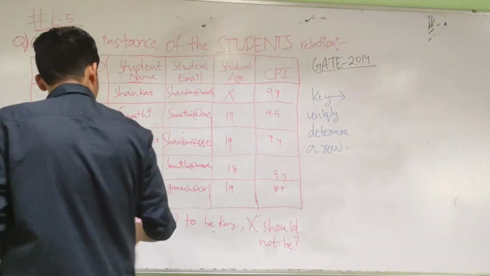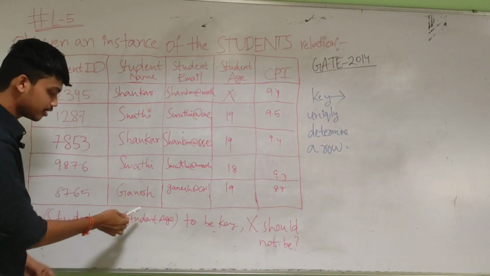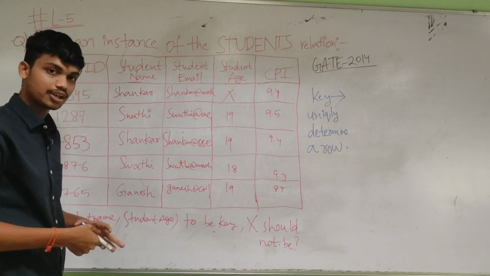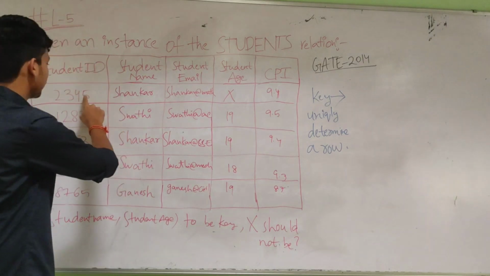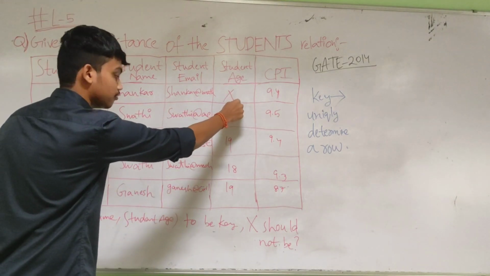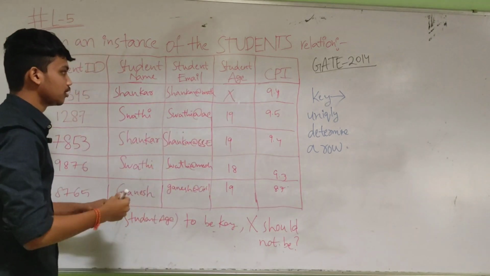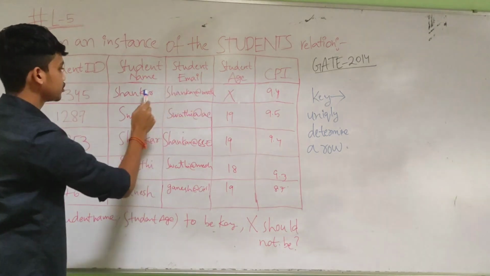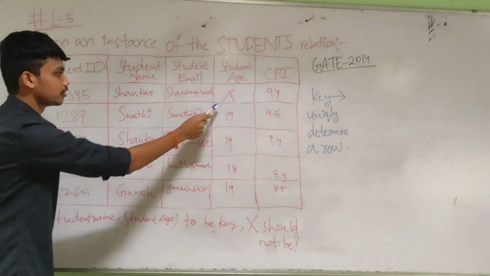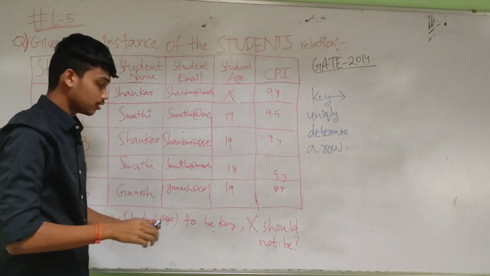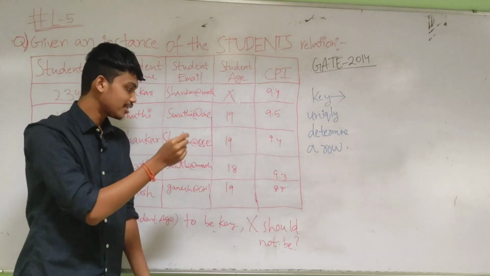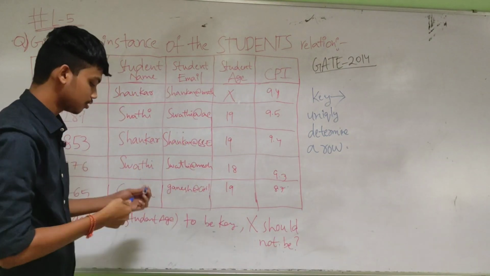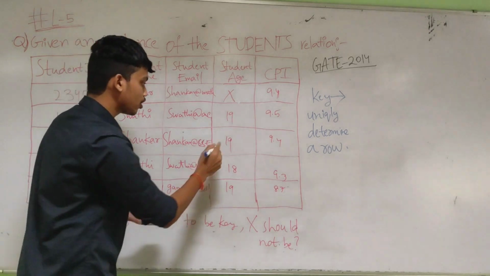So if student name and student age is the key, then with that we should be able to uniquely determine a row. Let us say X is 19. For this row and this row, the student name is Shankar in both, and the age is 19 in both. The two rows have the same key value. That can't be the key, right? So the X value should not be 19.